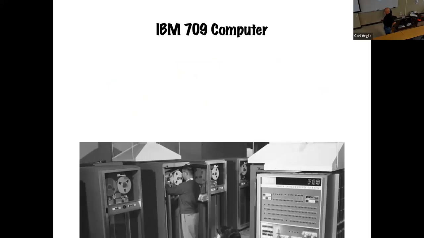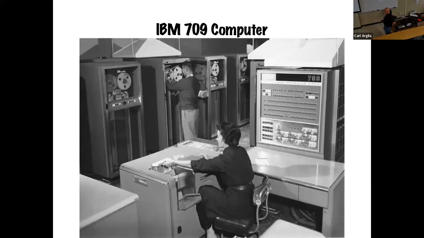At that time I was programming an IBM 709 computer, a computer that looked something like this, and that fit in a room about the size of a basketball court. Most of this computer you can't see.